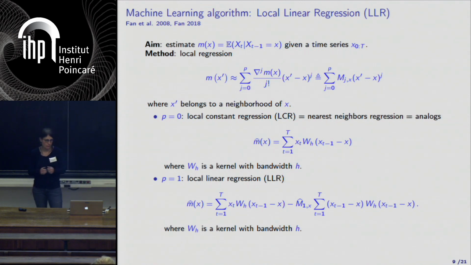And if the degree is equal to 1, you retrieve the LLR. And we use a kernel in order to give more weight to the points which are close to X and less weight to the points which are far away.